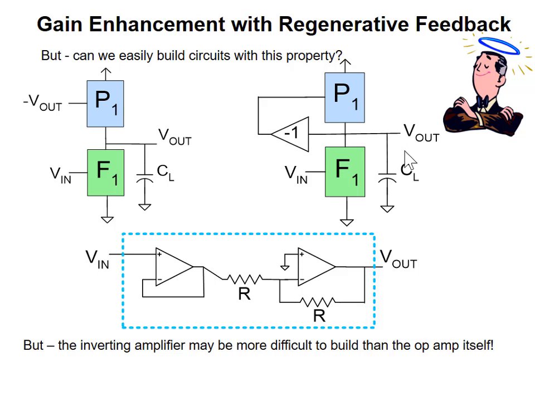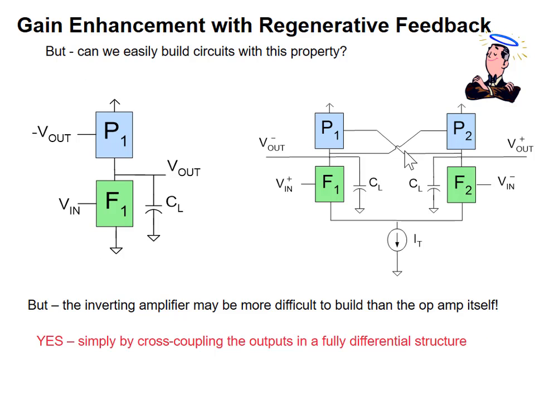The inverting amplifier may be difficult to build. What about this circuit? We build differential structures all the time. How does this voltage here relate to this voltage here? And opposite in sign. So this voltage here is already what? Minus V out. So what about just taking that and letting it drive the counterpart circuit? Okay?